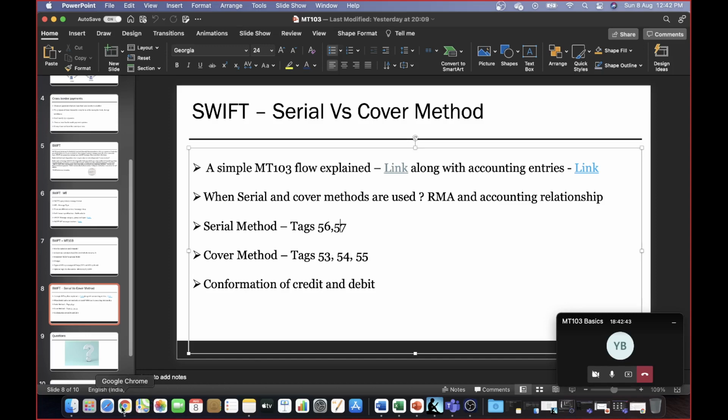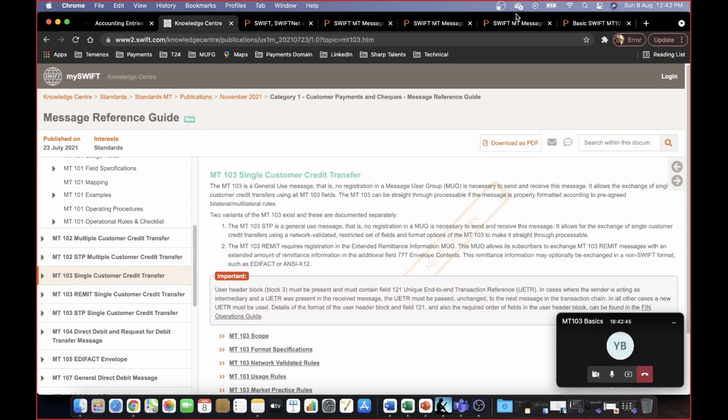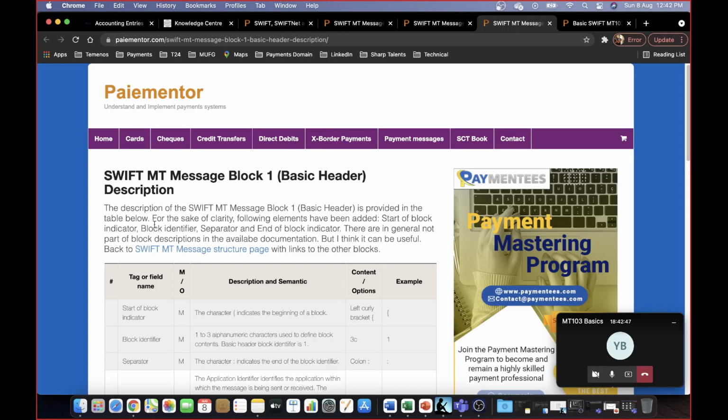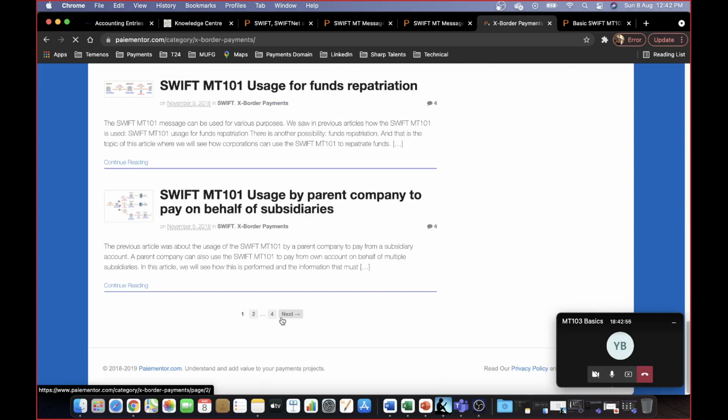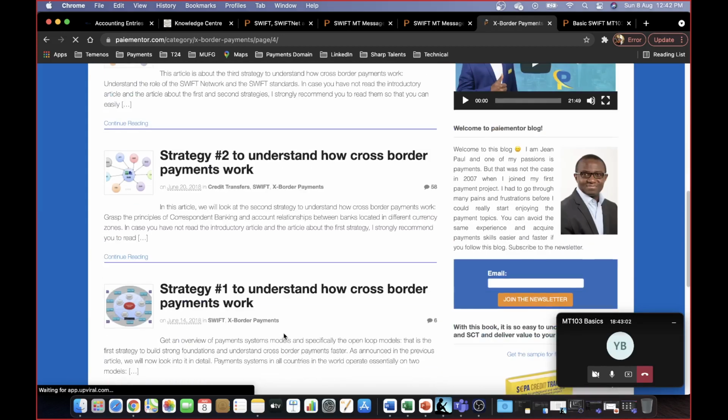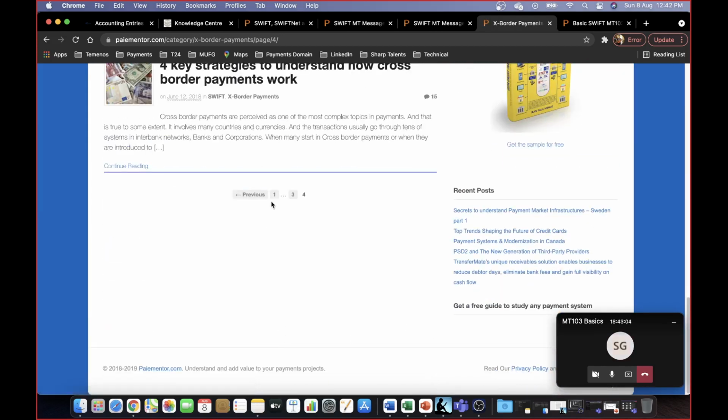What I suggest to read more about the serial and cover method is that you can go to paymentor.com, go to cross-border payments, then go to page number 4. Okay, maybe 3.